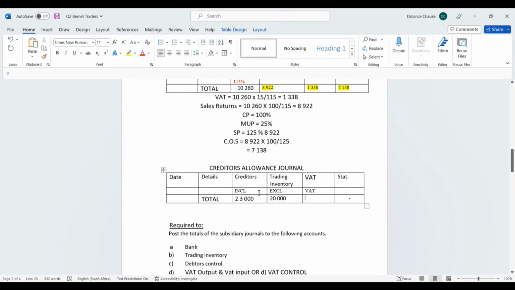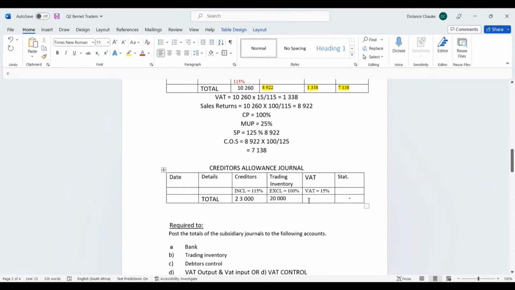So how much is your VAT there in rent? Nothing changes. Remember, your inclusive VAT is equal to 115%, and then your exclusive is equal to 100%, and then your VAT is equal to 15. So how much is your VAT?